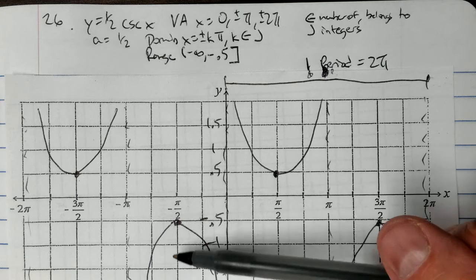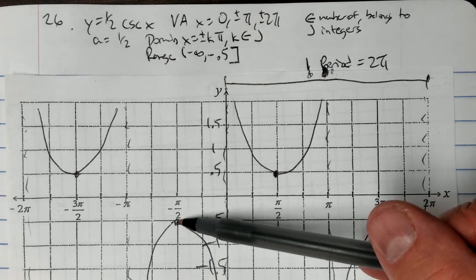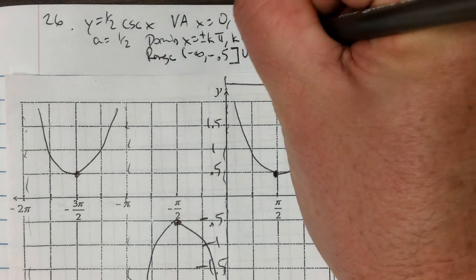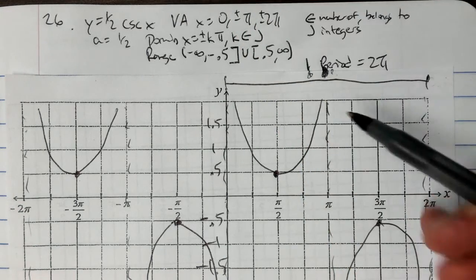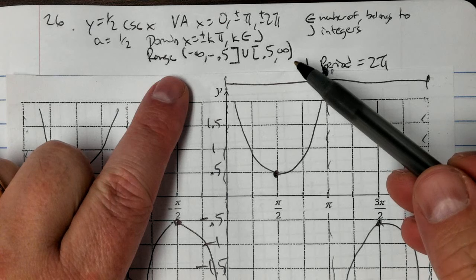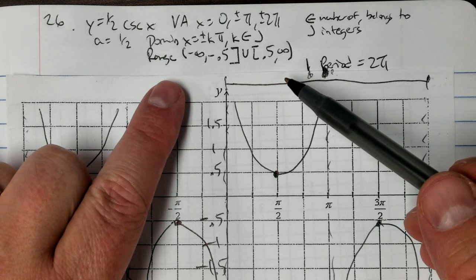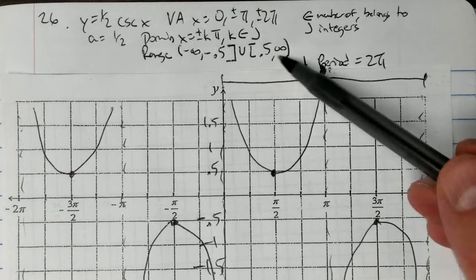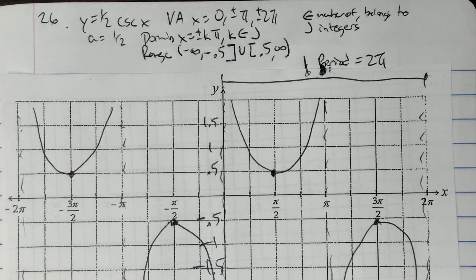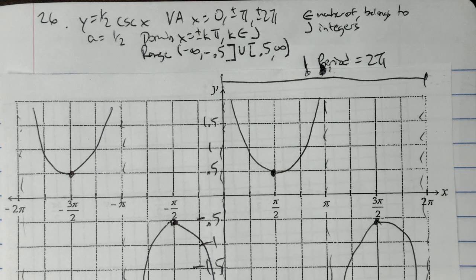So anything low up to negative 0.5, union, bracket, 0.5, comma, infinity. The infinities always have parentheses. And on secant and cosecant, because it actually touches that point, you're going to have brackets for the minimums and maximums. So that's what we want.